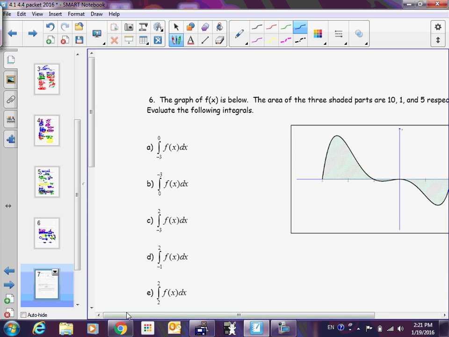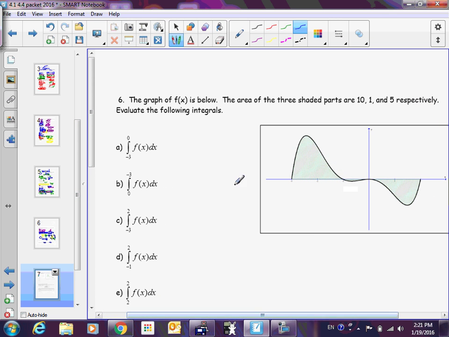So the next one is, and these end up being probably the easiest problems, but you have to understand when to use a negative. So the area of the three shaded parts are 10. So this shaded part's 10, this tiny shaded part's 1, and then this shaded part over here is 5. All the areas are positive. The integrals could be positive or negative. It depends on where they're at.